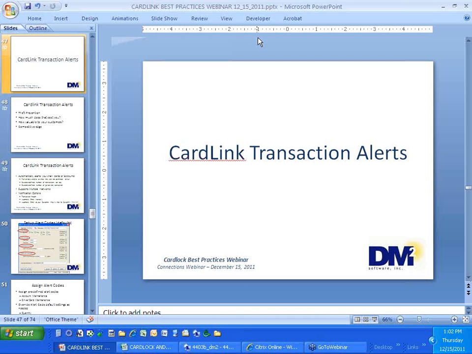Maybe you had a tank wagon go out and deliver 20 gallons to a customer that's a Cardlock customer. You make some delivery to somebody who has a card and an account, and that's all they've got, and you want to bill it through Cardlock.